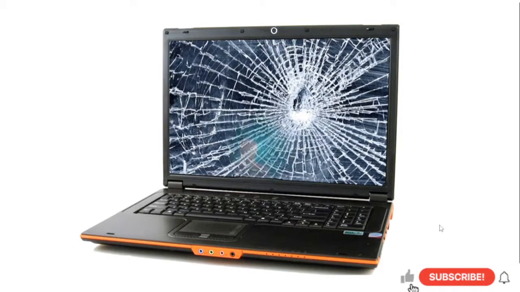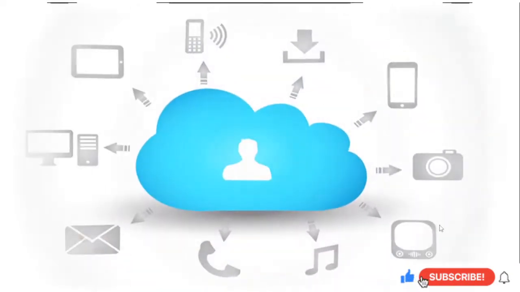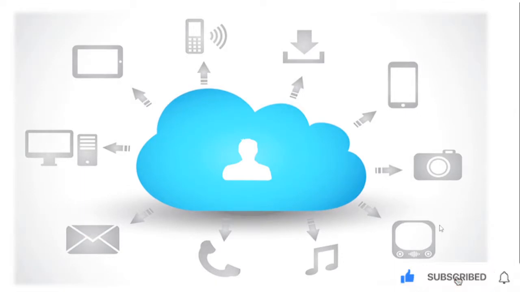When something is stored in the cloud, that means it is saved on an internet server instead of your computer. It's like having an extra hard drive you can access anytime you are connected to the internet.